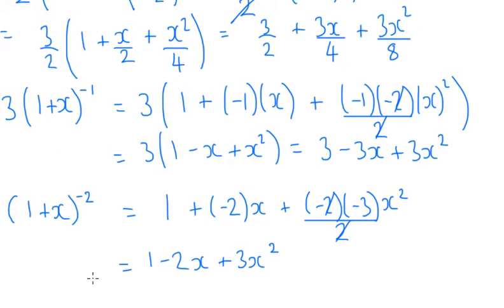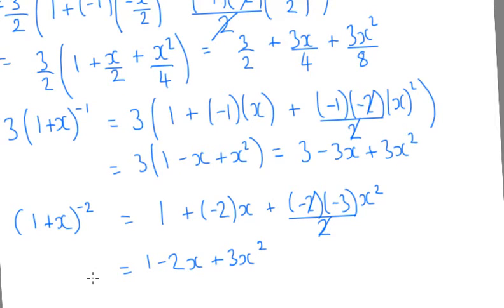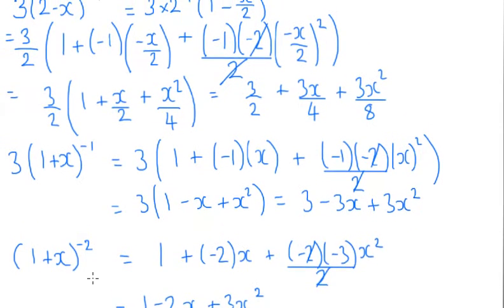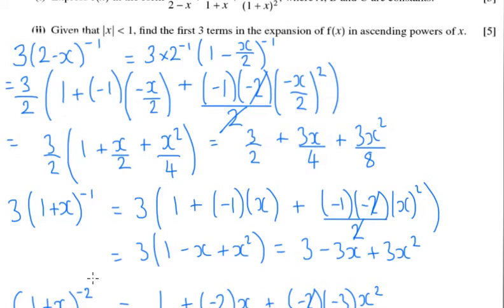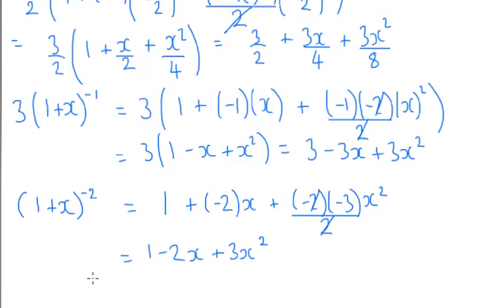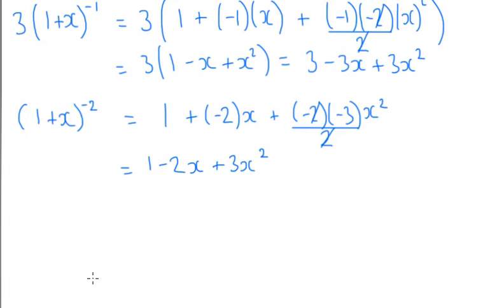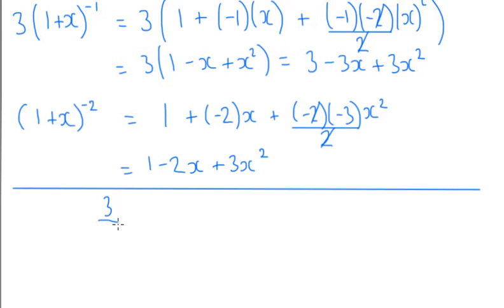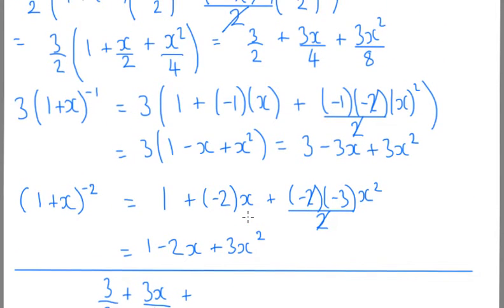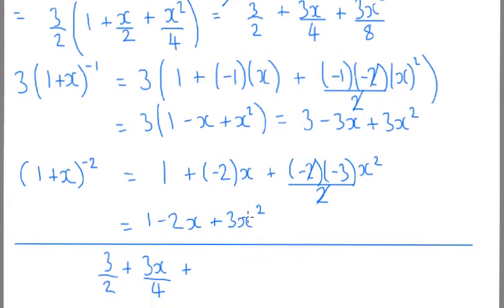what have we got? We've got 3 over 2 plus 3x over 4 plus 3x squared over 8.